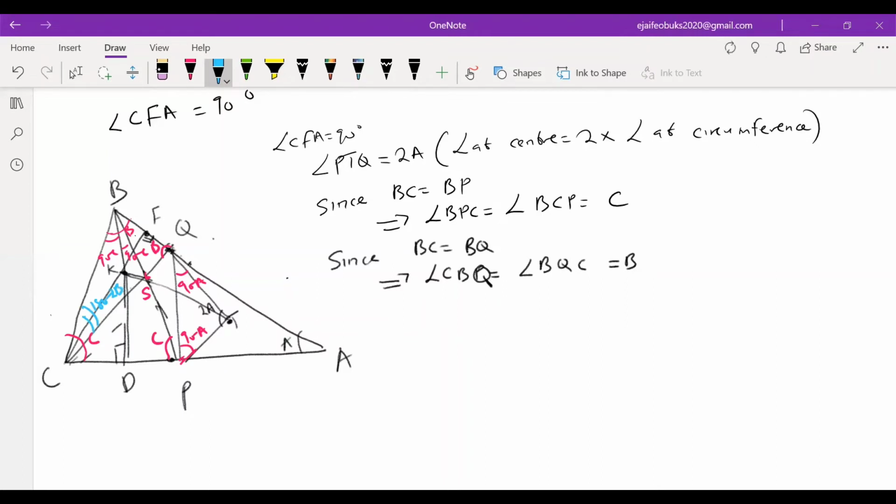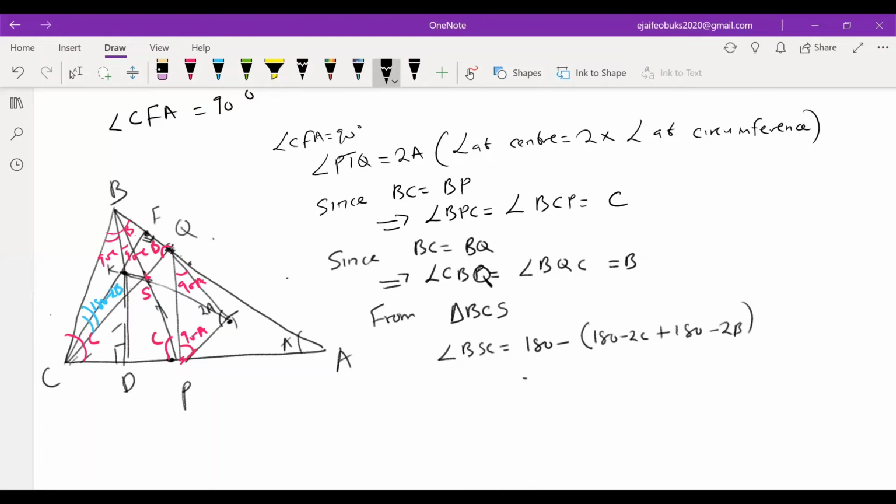So when we use this information, we can continue our angle chasing now. From triangle BCS, angle BSC is 180 minus 2C, that's for this entire angle here, plus 180 minus 2B.